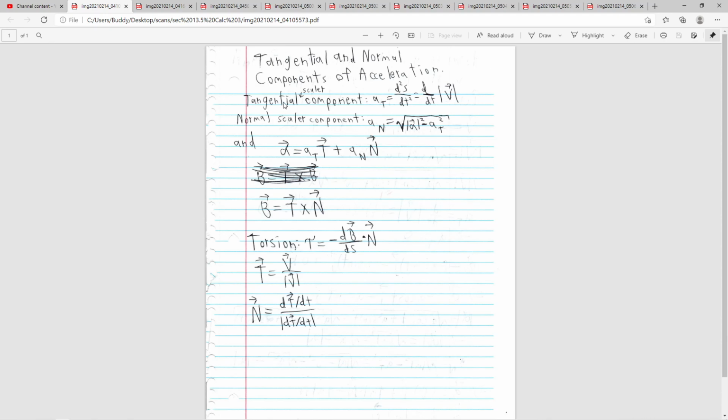The normal scalar component and tangential scalar component are these. Pretty much you calculate a_T using d/dt of the magnitude of v. You're taking the derivative of the magnitude of v.